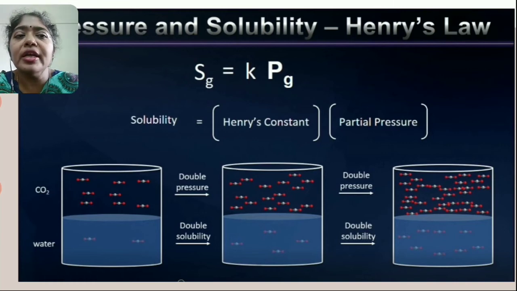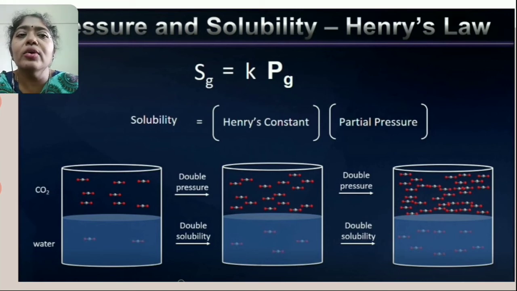Now, from this mathematical expression of Henry's law, we can also define what Henry's constant, K, is. In this equation, if you substitute pressure as 1 bar, then S becomes equal to K. So I can now define Henry's constant: K is equal to S, or Henry's constant is the solubility in moles per liter of a gas in a liquid solvent when the pressure of the gas above the solution is equal to 1 bar.